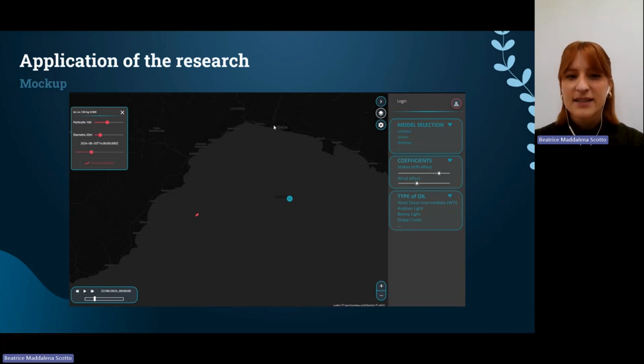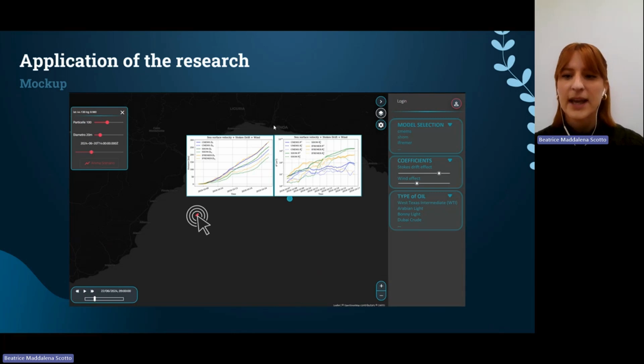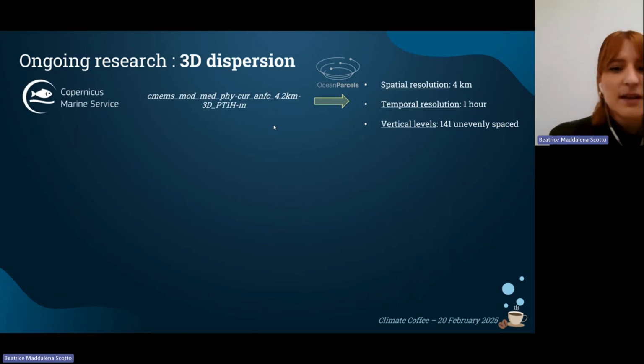Also, the idea is to study the properties of the oil, because that affects a lot how the particles behave. And finally, to have more dynamic results, there will also be the possibility to click on a point and have the information on the simulation, having the graph, for example, of time and how the particles are spreading at that point.